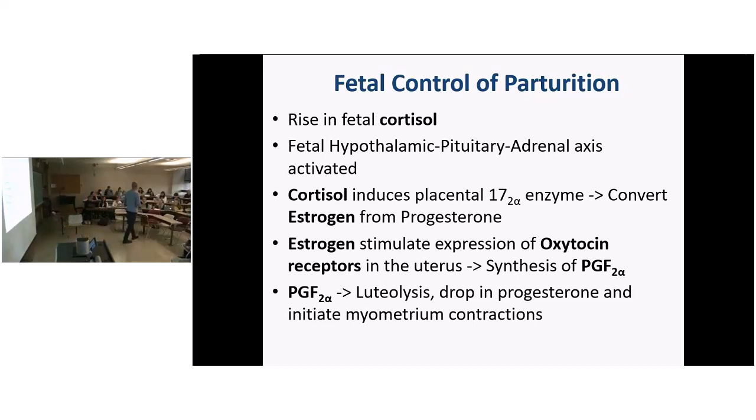In most species there is a bit of steroid production, mostly progesterone, but then you start to produce estradiol. Progesterone was always high during gestation, and then it drops a little bit because the placenta shifts from progesterone to estradiol. To change one to the other, you basically need a couple of enzymes.